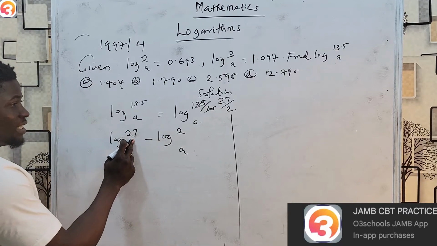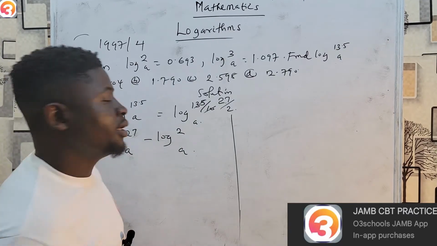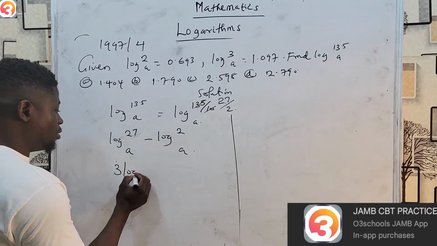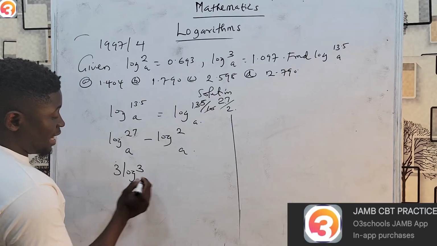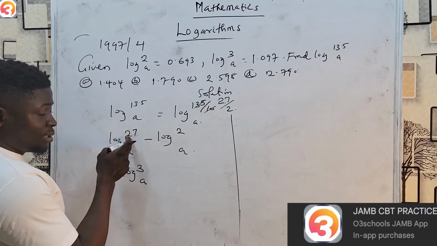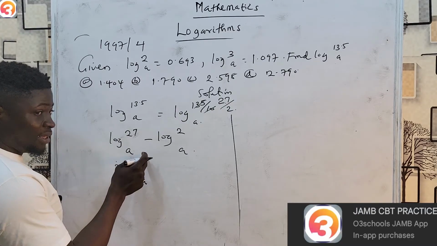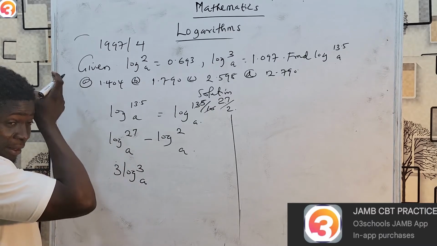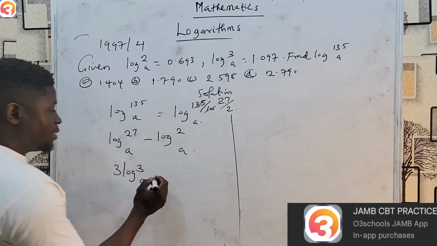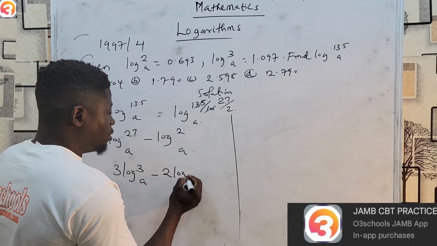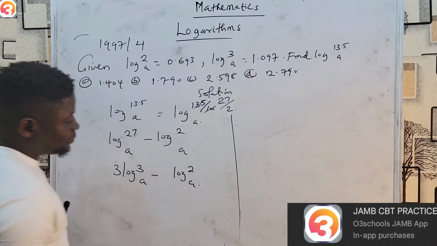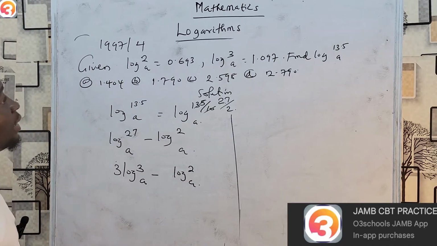So what is 27 in powers of 3? It is 3 raised to power 3. So I'm going to have 3 log 3 base a. I'm jumping steps, because I'm supposed to say log 3 raised to power 3, but the 3 will still come here. So 3 log 3 base a minus log 2 base a.